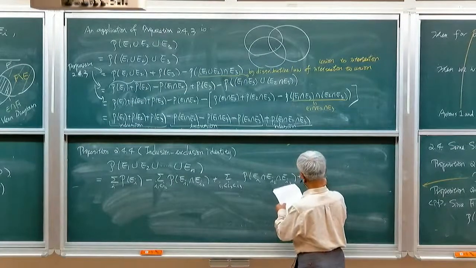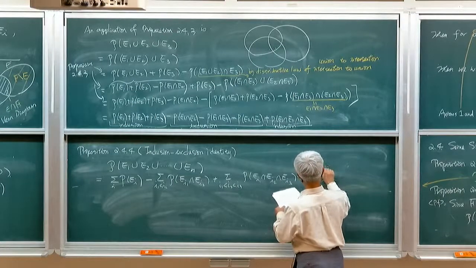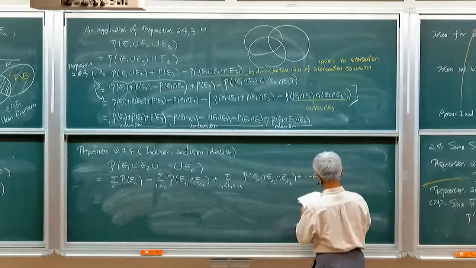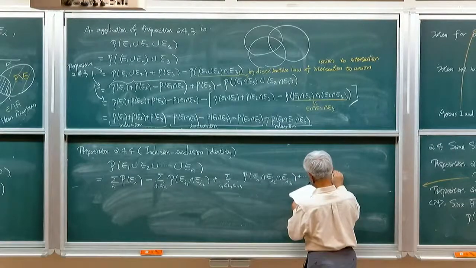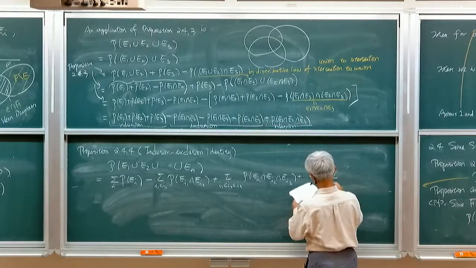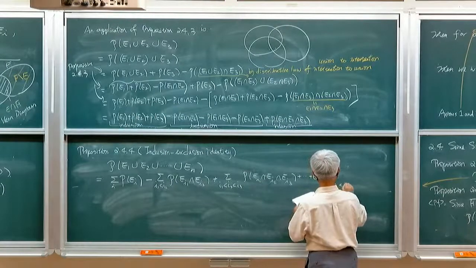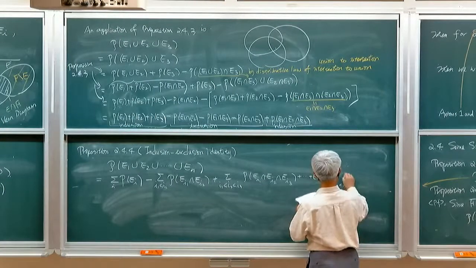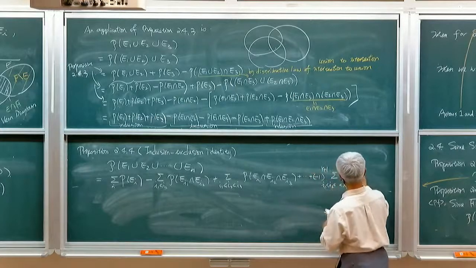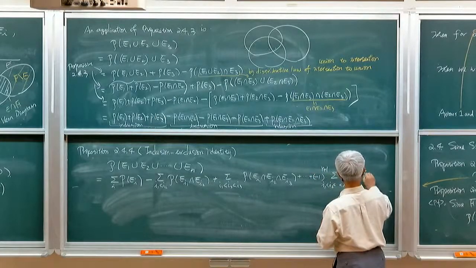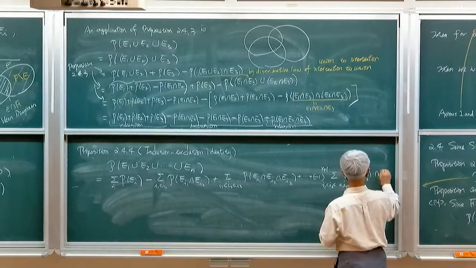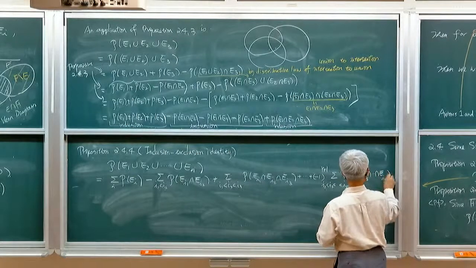So the intermediate term has sign (-1) to the R plus 1, for R, the sum over I1 less than I2 up to IR of the probability of EI1 intersect EI2 intersect up to EIR.